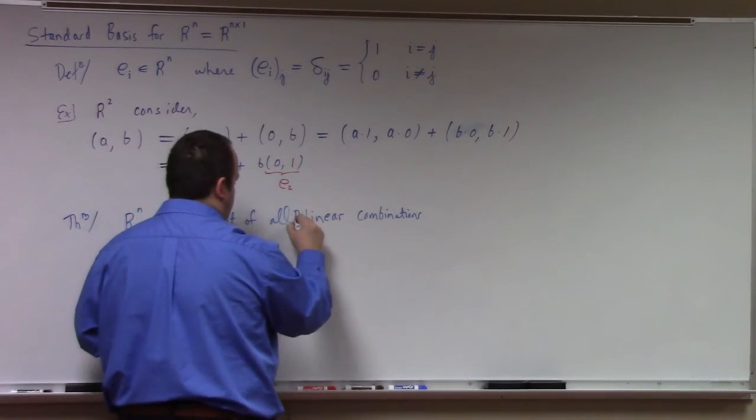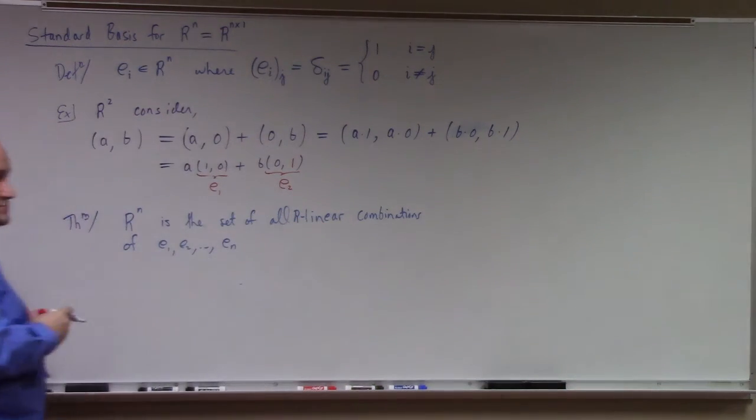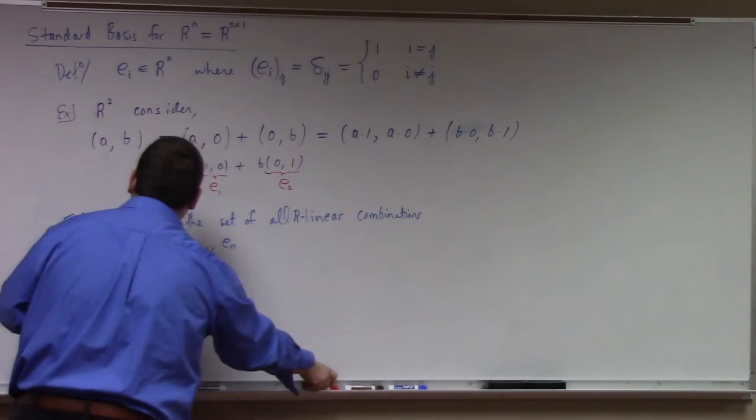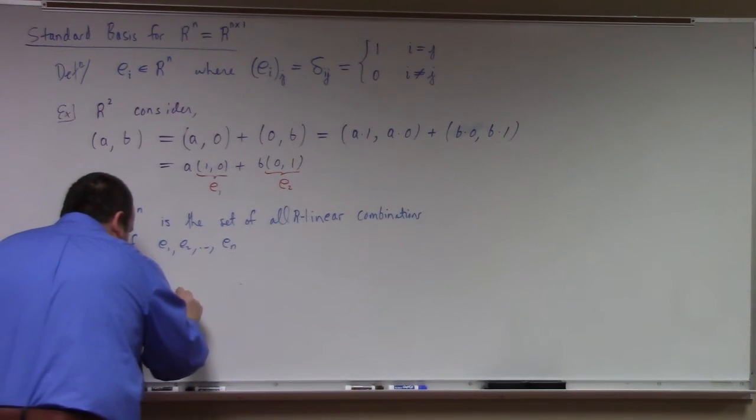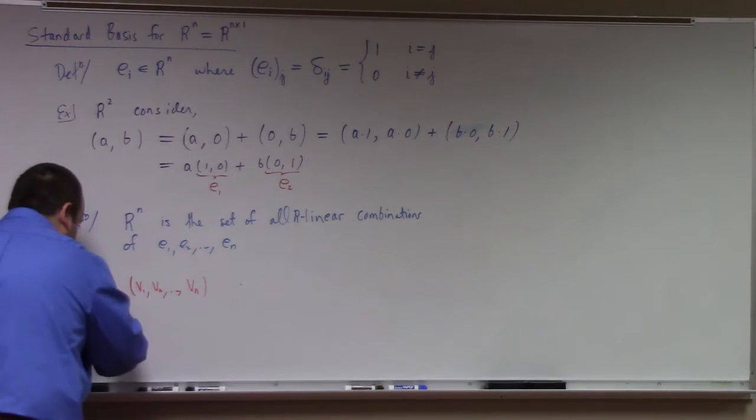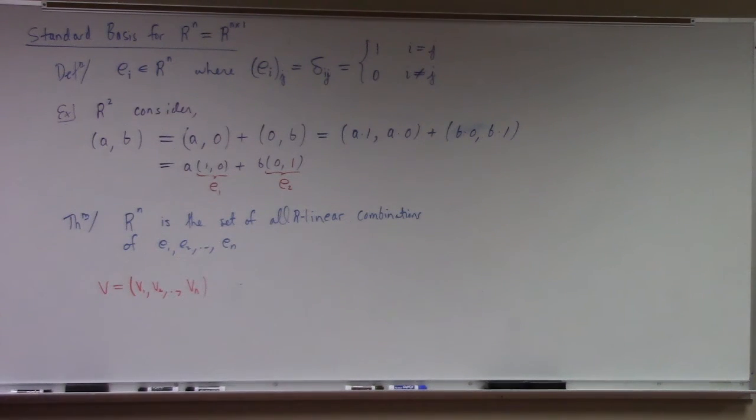To be more specific, R-linear combinations, right? Essentially, this calculation I just did can just as well be done for Rn. Suppose I have the vector v equals (v1, v2, through vn). Suppose that's v.